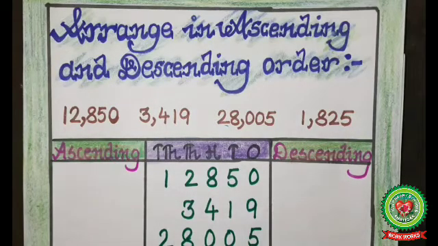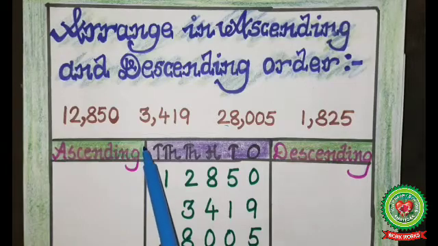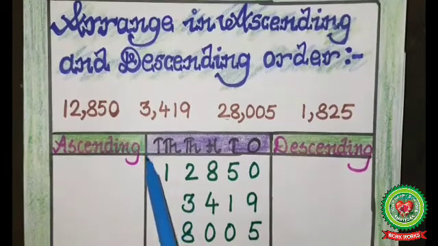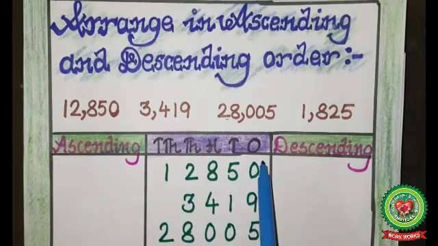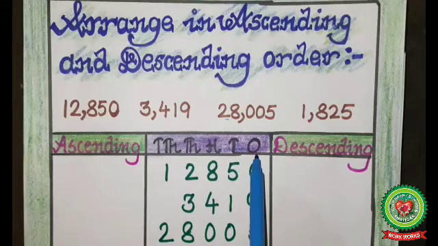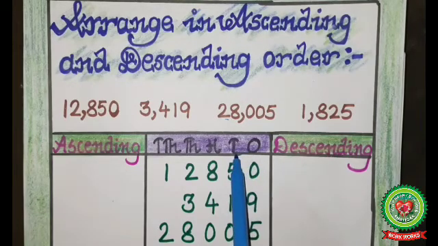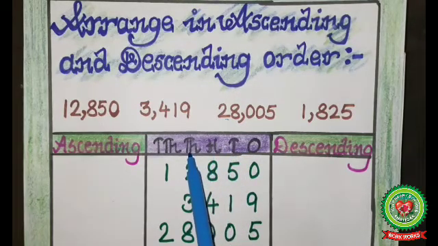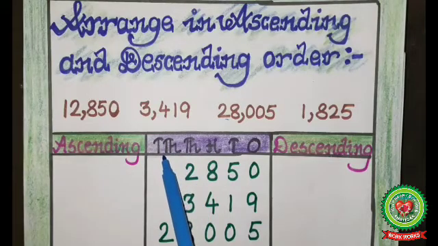Now, for this, what is the first step? First step is we will make 3 columns. For this, we will draw 2 lines, 1 and 2. In the center column, we will write down the place value table. Ones, tens, hundreds, thousands and 10,000.